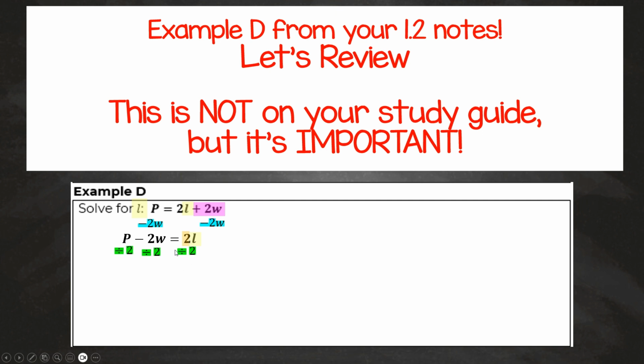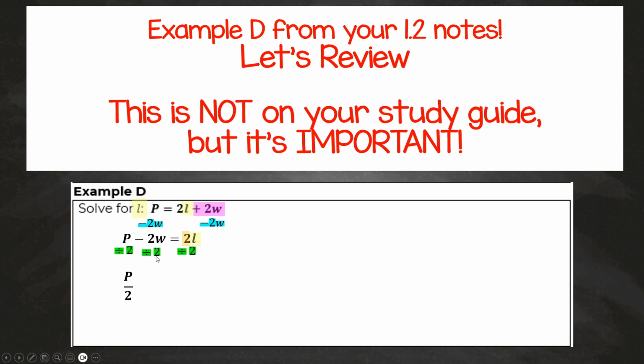What I've seen most students do is divide this side by 2 and this side by 2, which is fine, but we just need to make sure that we're simplifying, because when we simplify negative 2W divided by 2, you're going to see that the 2's actually cancel out, or really become 1. So P divided by 2 is just P divided by 2, nothing to simplify there.